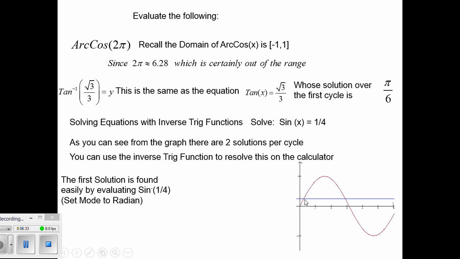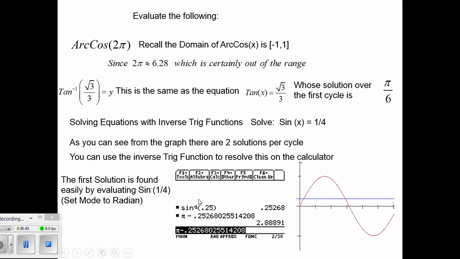But we should agree to the following. Whatever this solution is, call it A, the solution over here is going to be pi short of A, okay? So this is A, and this is pi minus A. So I'm going to my calculator.